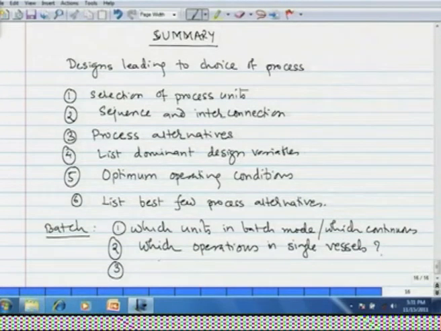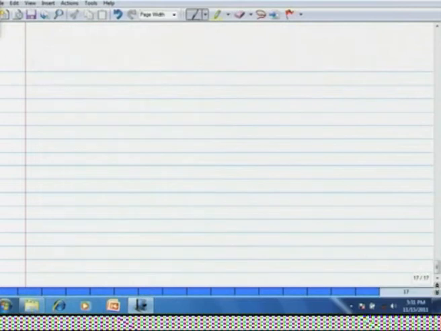Then, the extent of intermediate storage, and the location.